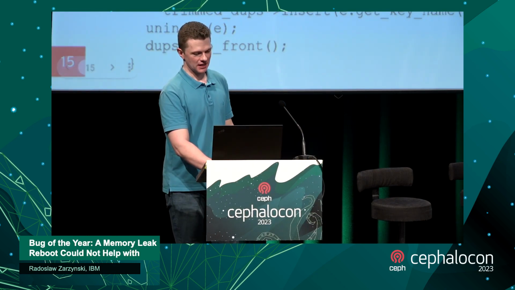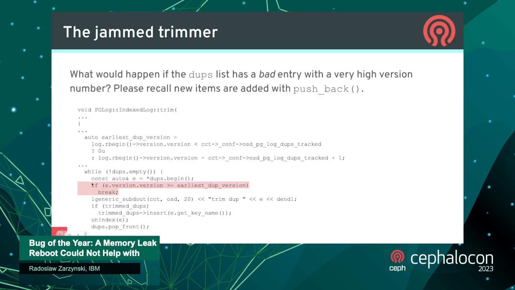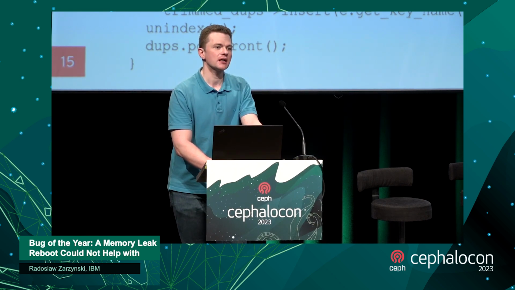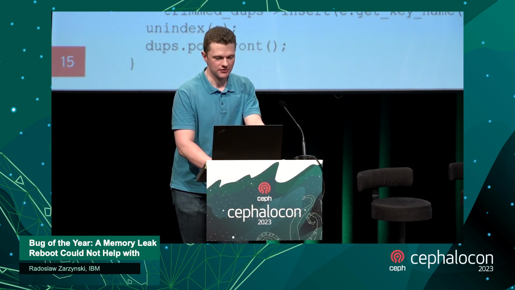Here, those two lines: we are verifying the version of the dupe entry and comparing it against the last added pglog entry minus some kind of constant, a configurable constant.